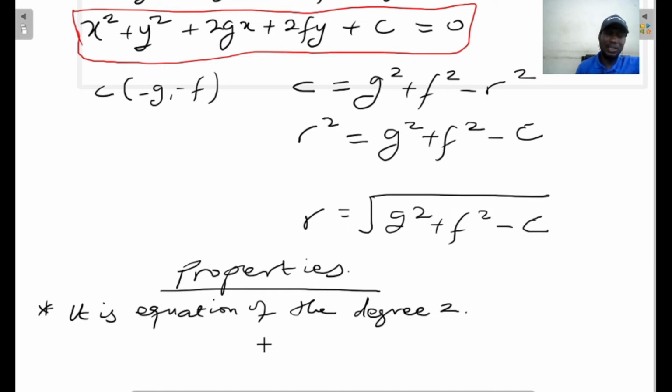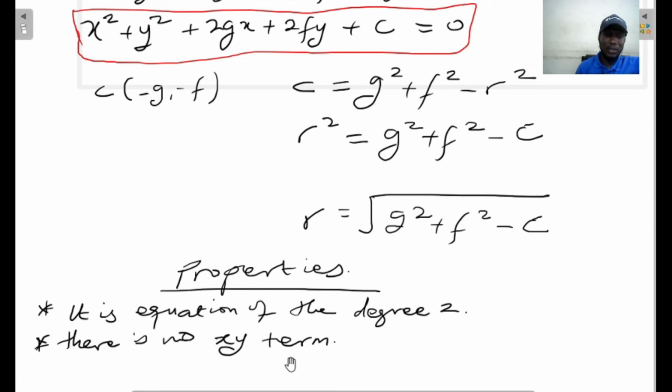Number two, it doesn't have an xy term. You can see that from x squared, y squared, we go to the x term, y term, and then the constant term. So you don't have any term involving xy. There is no xy term.